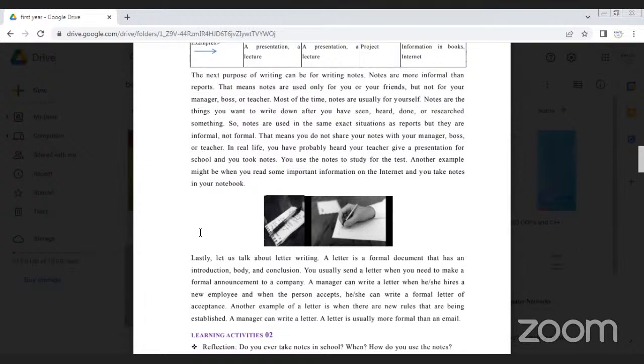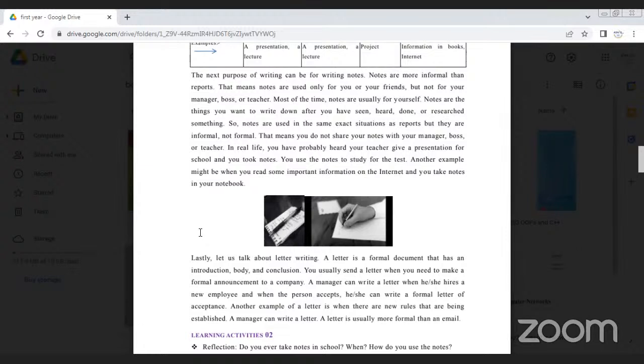Lastly, let us talk about letter writing. A letter is a formal document that has an introduction, body, and conclusion. You usually send a letter when you need to make a formal announcement to a company.